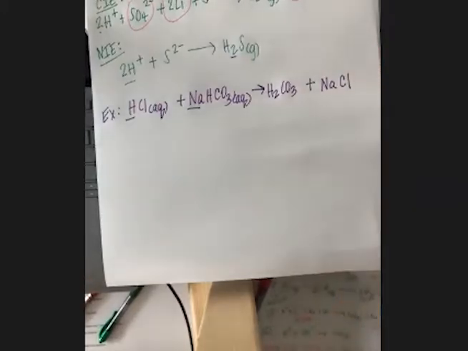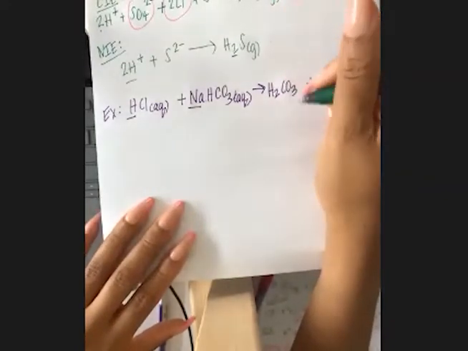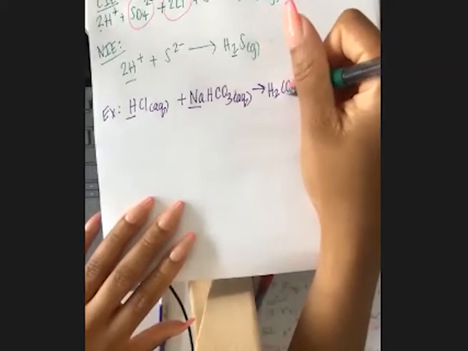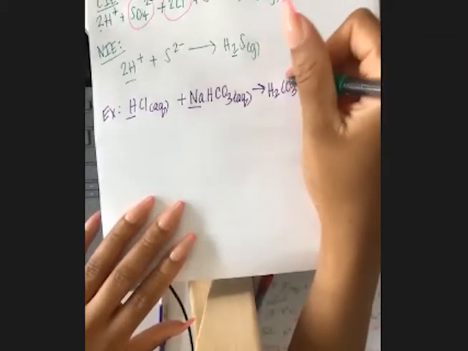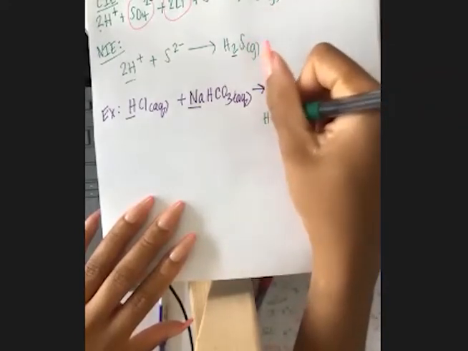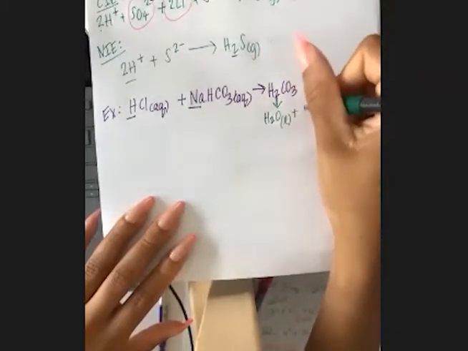Now, what we have to recognize in this case is that this is carbonic acid. Carbonic acid is unstable and immediately breaks down to water and carbon dioxide.